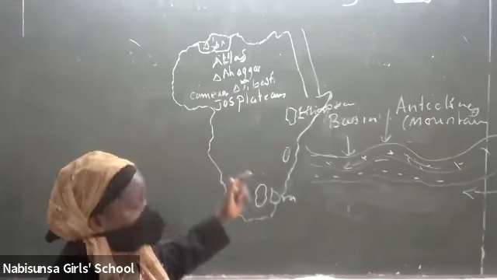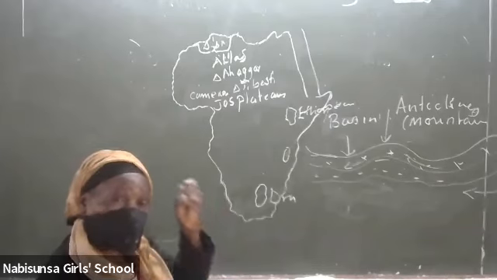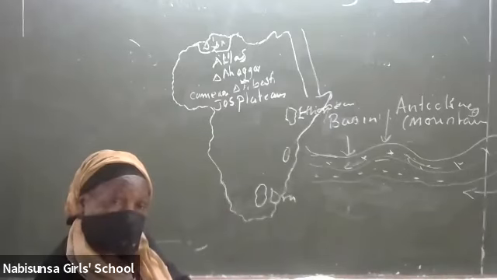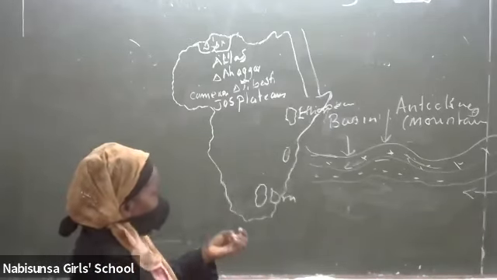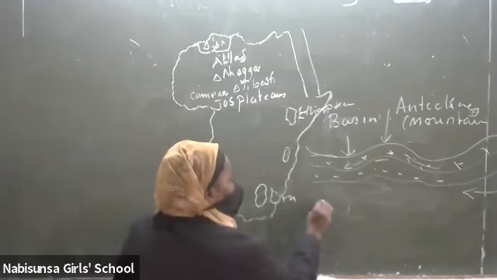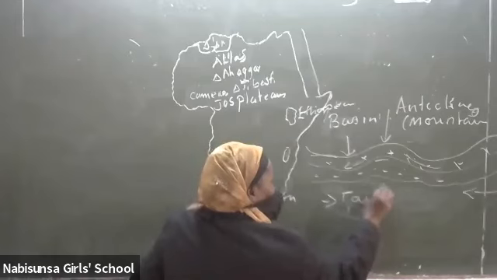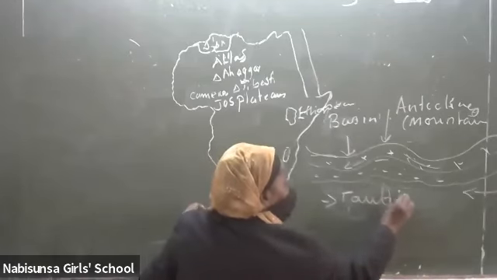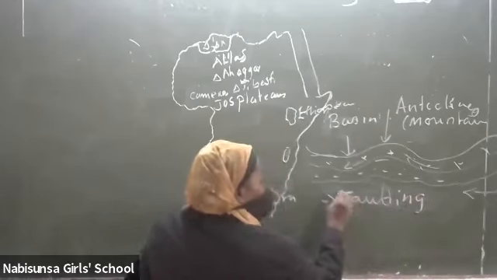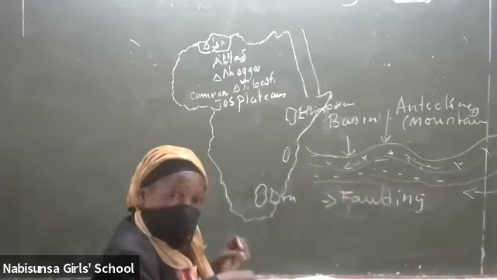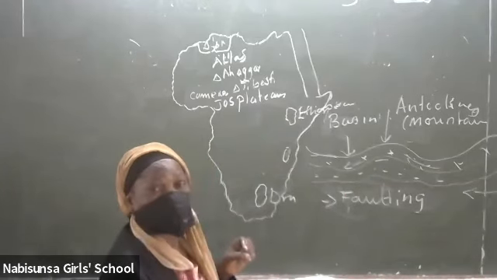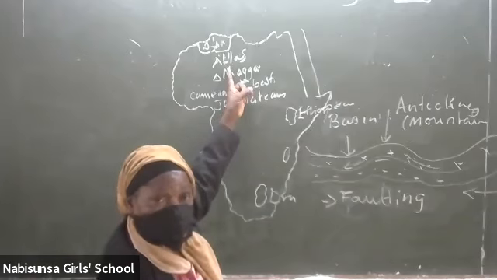You remember the processes of mountain formation? You remember we said that under mountain formation, we have faulting. You know what faulting resulted into as far as the rift is concerned.